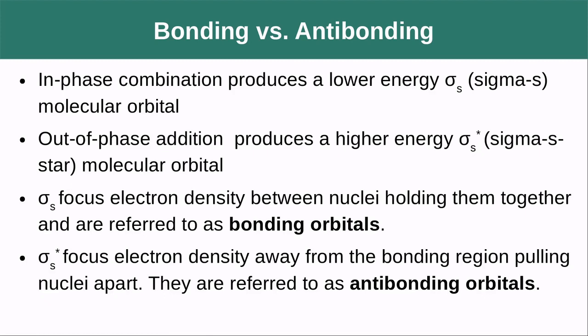So our in-phase combinations produce lower energy sigma s molecular orbitals. The out-of-phase additions produce a higher energy sigma star s molecular orbital. Sigma s orbitals focus electron density between nuclei, holding them together. We call these bonding orbitals. Sigma star s orbitals focus electron density away from the bonding region, pulling the nuclei apart. So we call these antibonding orbitals.